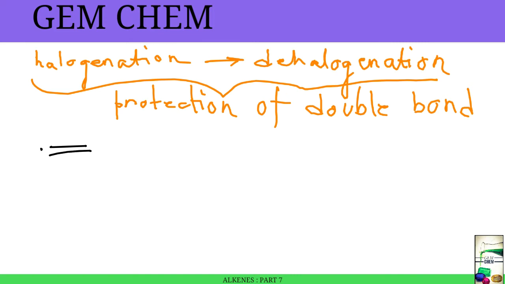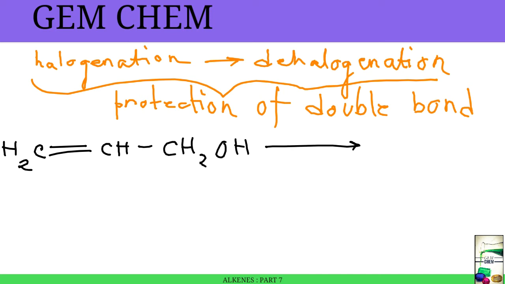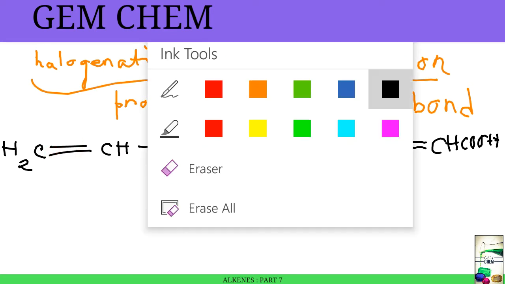Now, if I show an example for which it can be used, it may be like this: CH2=CH-CH2-CH2OH, and we require to oxidize the CH2OH into COOH. So, if we try to oxidize directly, then the double bond will also get oxidized. So, what is the method? Let us see.